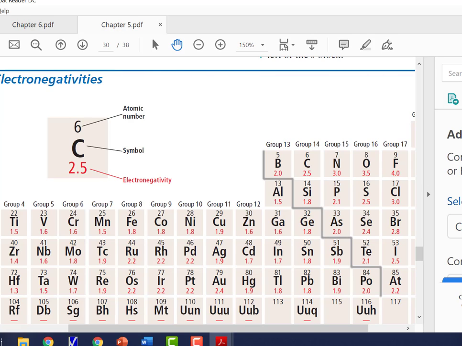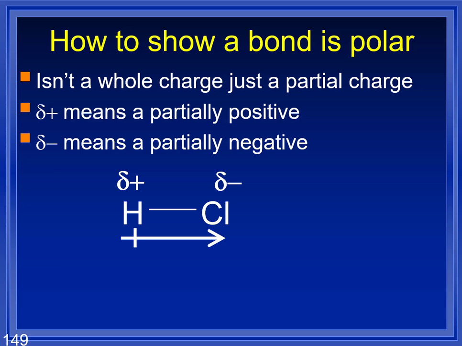How did I know which one was negative? Well, Cl had the bigger electronegativity. It pulled the electron towards itself. And that's what the second way is showing. The second way shows that the electrons got pulled towards the chlorine, leaving that end positive.